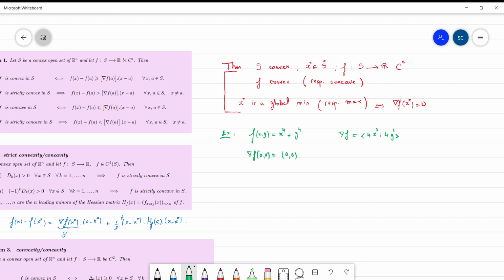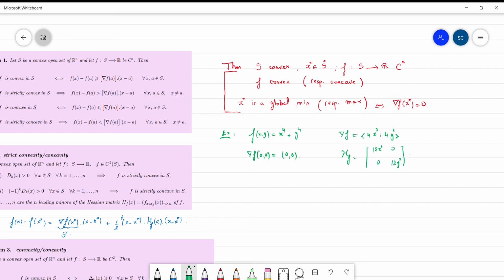Now what about concavity? We need to explore the Hessian. What is the Hessian? f_xx is 12x^2, and the matrix is 12x^2, 0, 0, 12y^2.